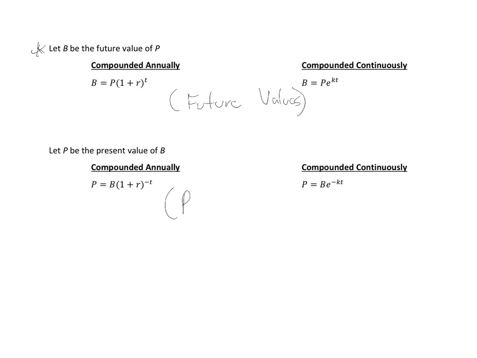So this is for finding present values. And so when we're comparing payments, we want to make sure that we're comparing payments that are using the same time period. Are they using present values or are they using future values? So let's look at an example of that. We need to use this formula.